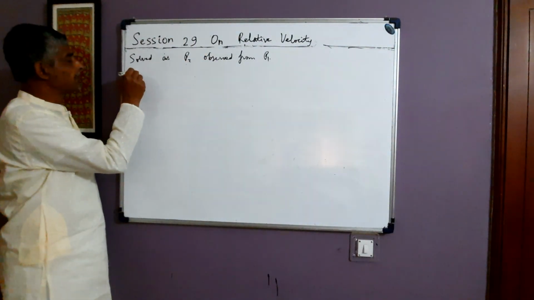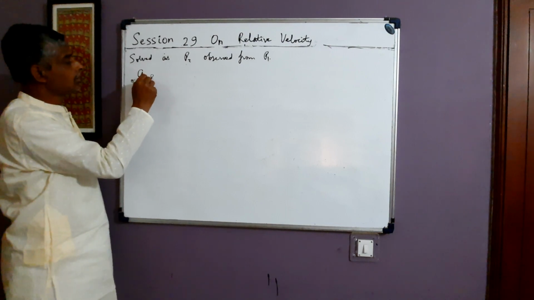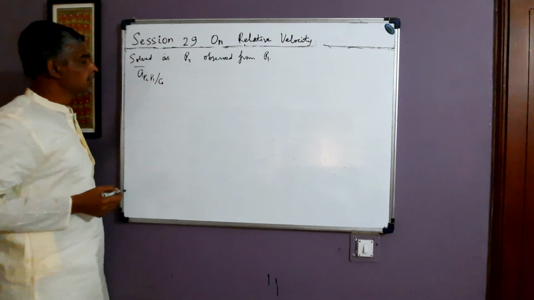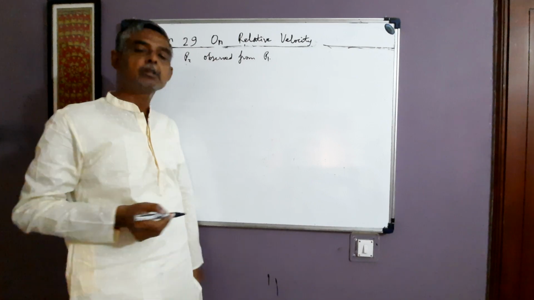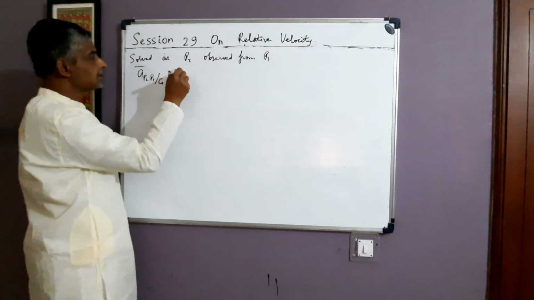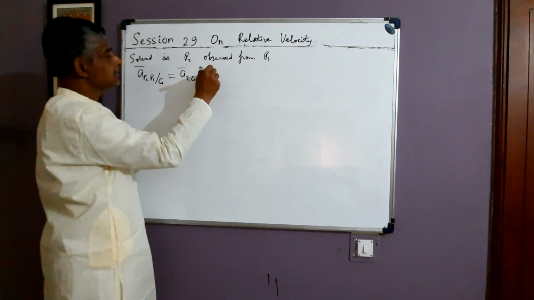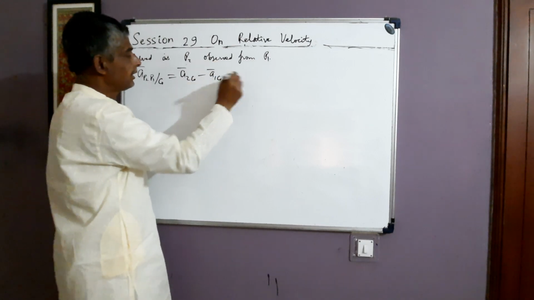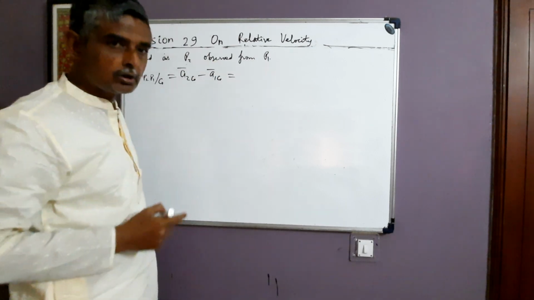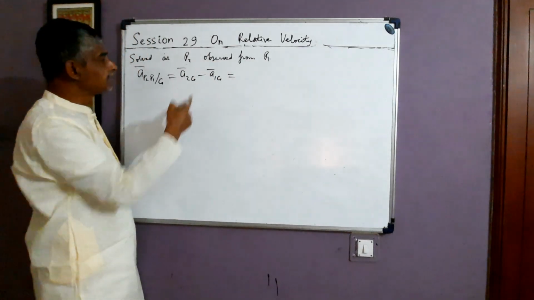So we write it this way: A P2 P1 G, meaning relative acceleration of P2 with respect to P1 in ground frame. That is the same as A2G minus A1G. A2G is the acceleration of P2 with respect to ground, and A1G is the acceleration of P1 with respect to ground.